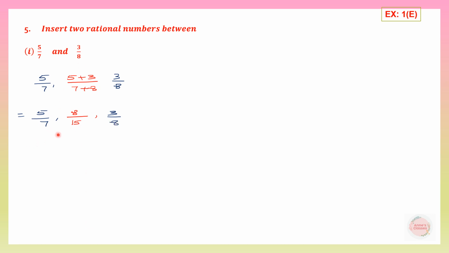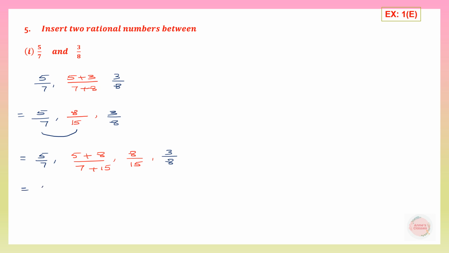So for this, we can add up these two, or we can add up these two. So first, let me add up these two and see what we get. So here, the first one is 5 by 7. Now we are going to add up and we're going to put it in between these two rational numbers. So that will be 5 plus 8 by 7 plus 15. Then we also have 8 by 15 and we have 3 by 8, which is given in the question.